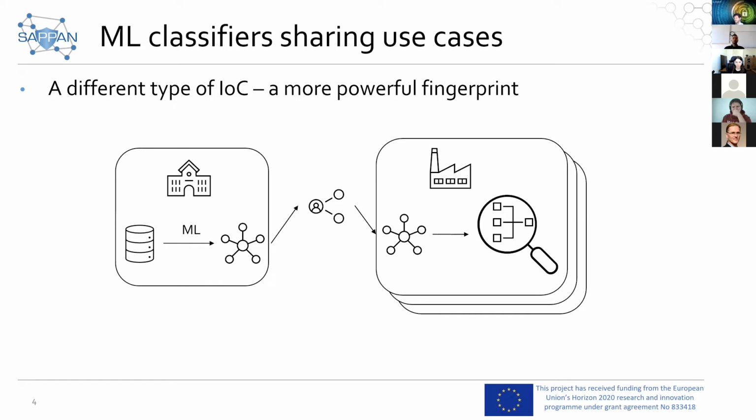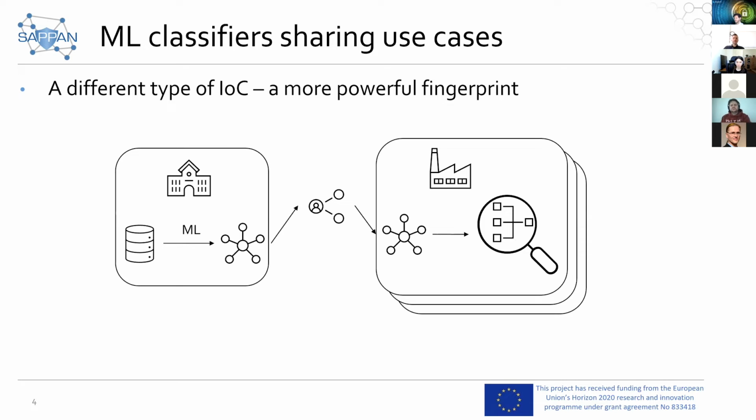We studied two types of use cases. One is the indicator of compromise, and that is: there's one organization that has the machine learning capability, which means that the organization has data, usually annotated data, which enables the organization to train a classifier.